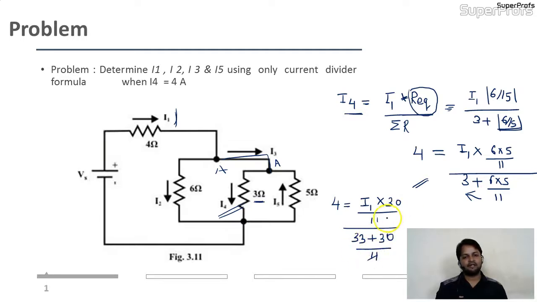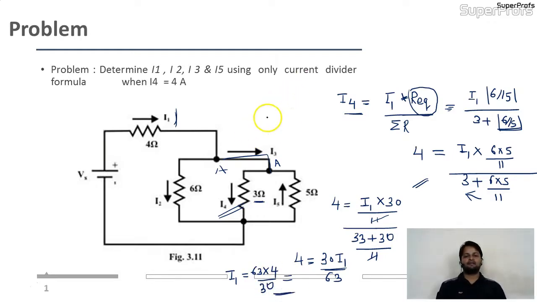This 11 will cancel out this 11, and finally, see here, 4 equals 30 I1 divided by 33 plus 30, that is 63. Is it okay? So finally the I1 is nothing but 63 into 4 divided by 30. This is I1. Is it clear to you people?